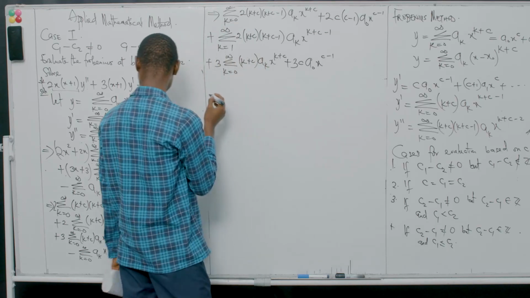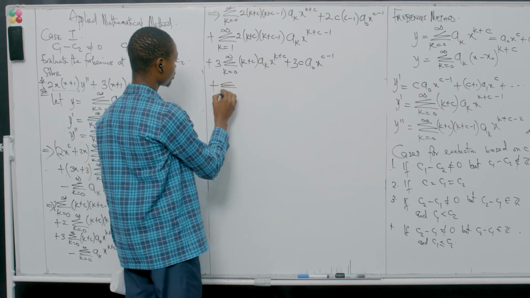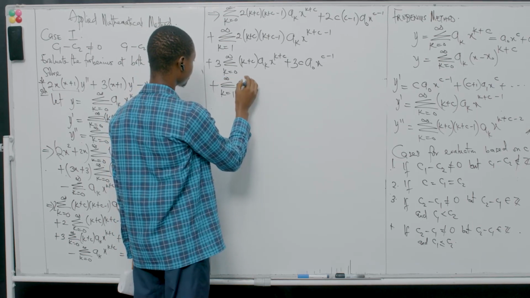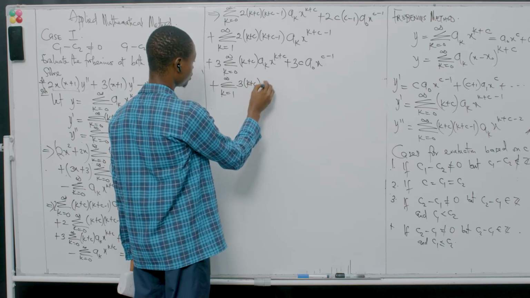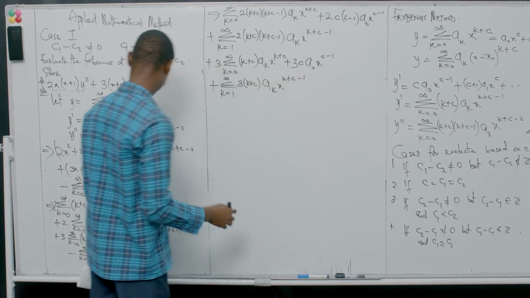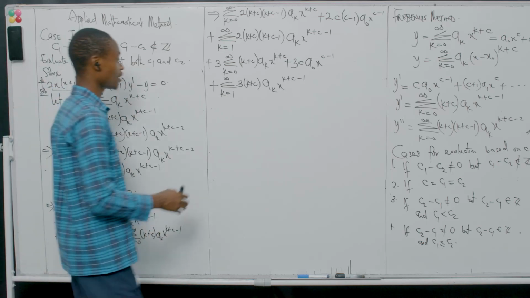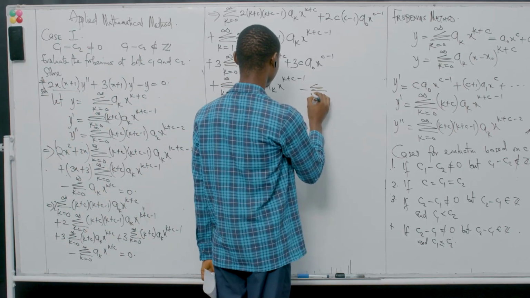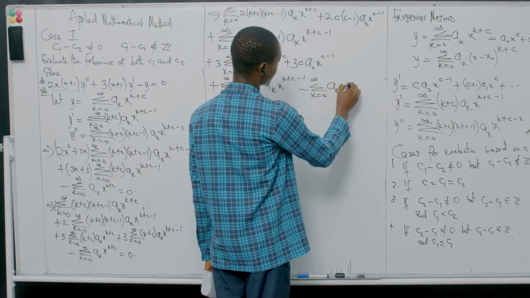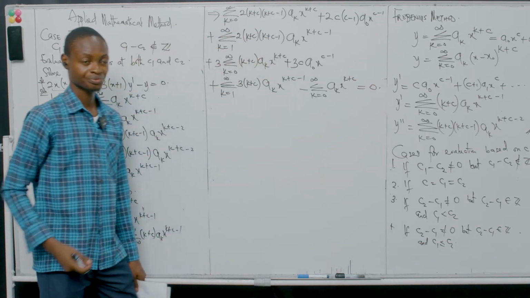And then when k is equal to 1, what will I have? Plus summation k starting from 1 to infinity, 3 into k plus c, a k x to the power k plus c minus 1. Very good. And then here, I'll still have the same thing because that is stable. k starting from 0 to infinity, a k x to the k plus c. And none of this will be equal to 0.